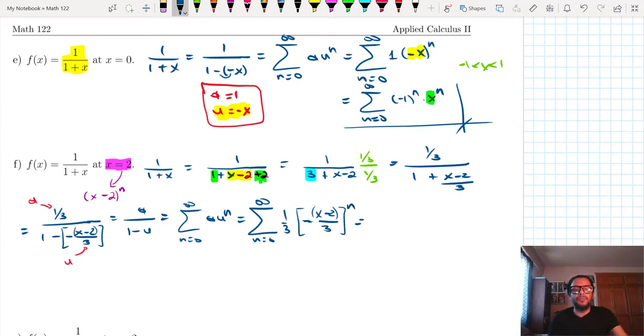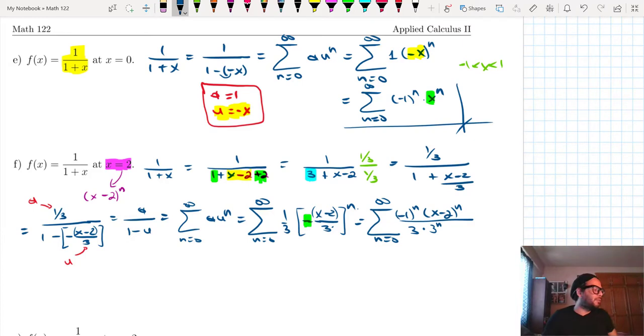Okay, so this is what we do. This negative right here again will give rise to this -1 to the n power, the alternating factor. So this will be -1 to the n times x minus 2 to the n divided by 3, the 3 that we have here, and then this 3 to the nth power.